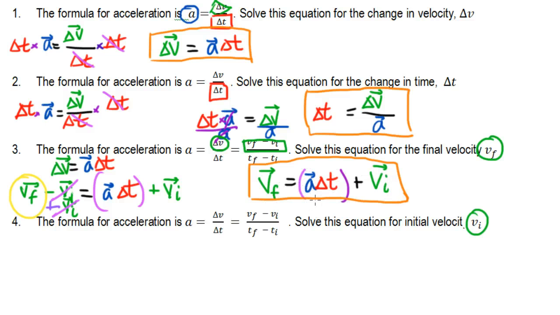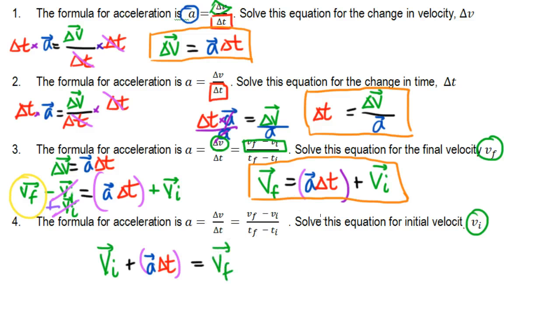And not only going to flip it around, but I'm going to make the V sub I come first. In other words, I'm going to go V sub I plus the quantity A times delta T equals V sub F. Okay?